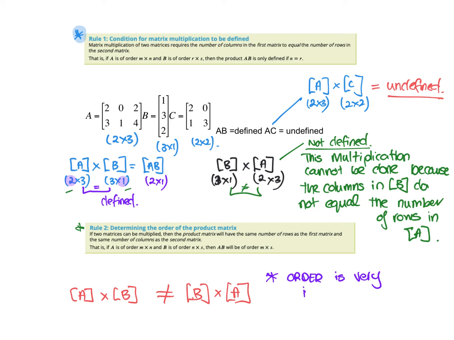It's very important which one is going first, because they don't equal each other. In normal maths, we would have said 2 times 3 does equal 3 times 2, but not in matrices. They do not equal, and they may be defined, but they still will produce a different answer. Okay, so order's very important.